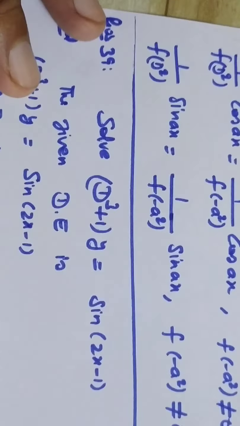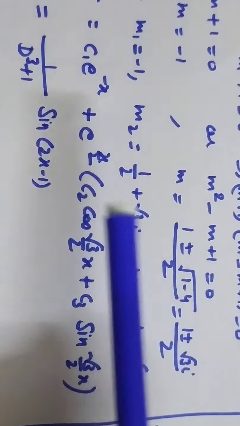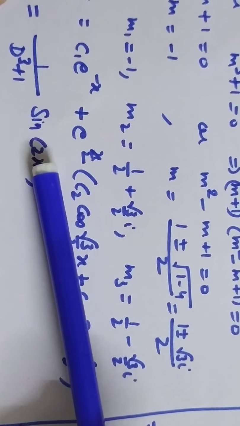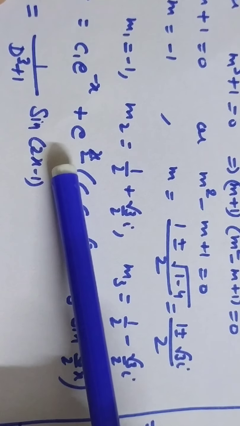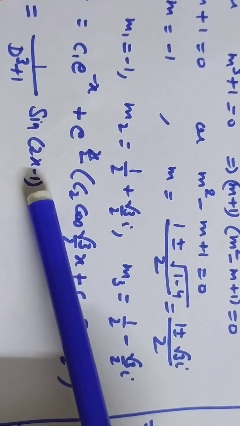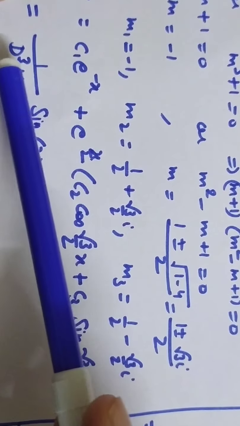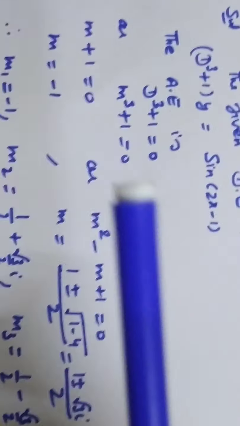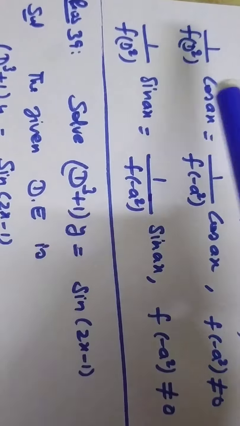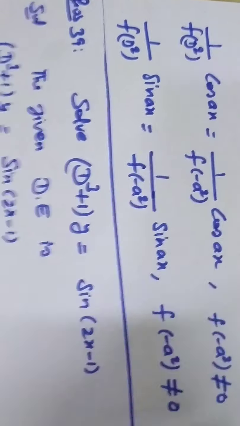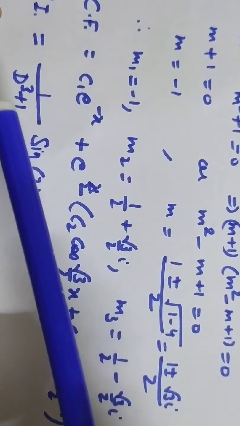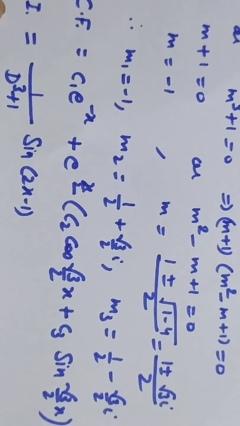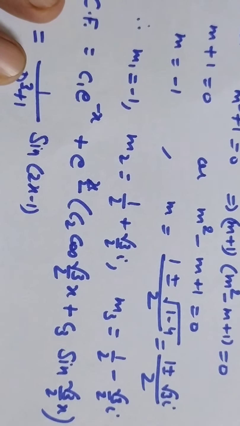In this question, sin is there and ax is replaced with 2x minus 1, and it is D cube plus 1. But look at this rule. Here I have written f of D square. This D cube can be split into 2 parts, that is D square into D, which I am going to do in the next slide.